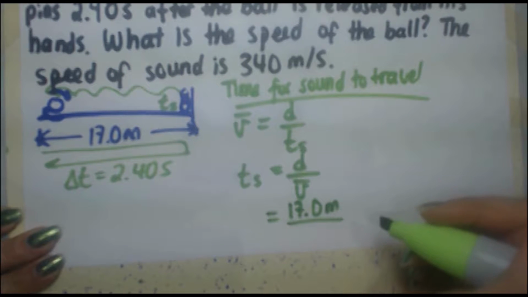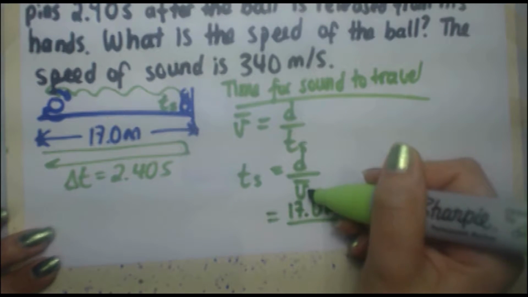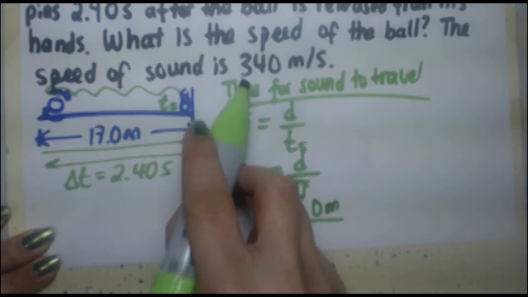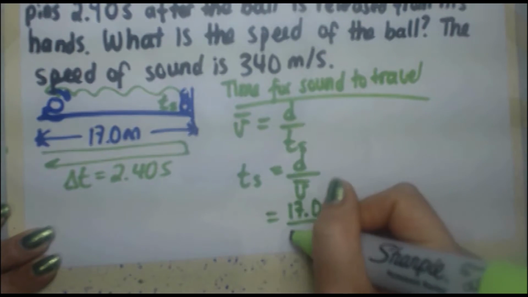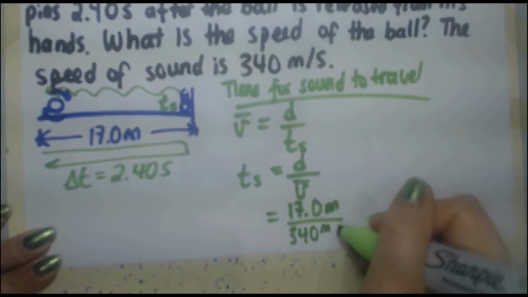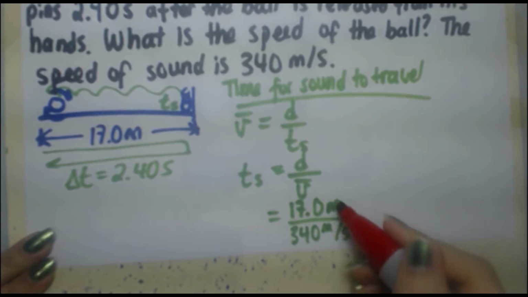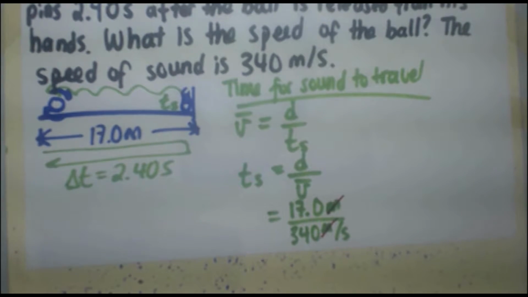So 17 meters, and V would be how fast the sound is traveling. We're told in the problem that the speed of sound is 340 meters per second. So you go ahead and plug that in. The units are matching up very nicely because we've got meters on the top and meters on the bottom, so our final time is going to be quoted in terms of seconds.